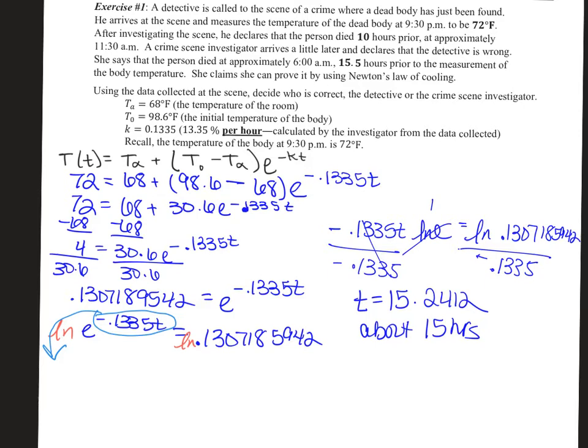So we're saying about 15 hours, and the crime scene investigator is a she, and she said 15.5. So yeah, we rounded this, it was 15.2. So we rounded it to 15, but wouldn't you say that's a lot closer to 15.5 than 10, right? So we're going to say the crime scene investigator. I used to watch that show all the time, by the way. Okay, and there we go.